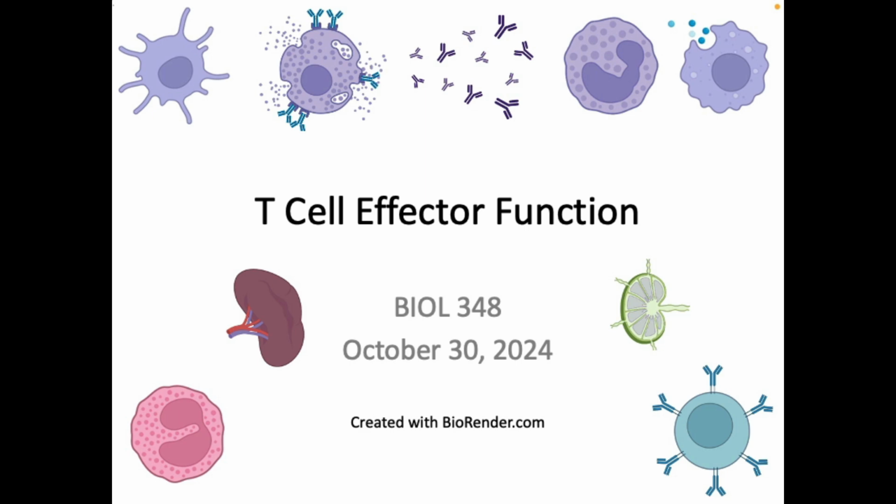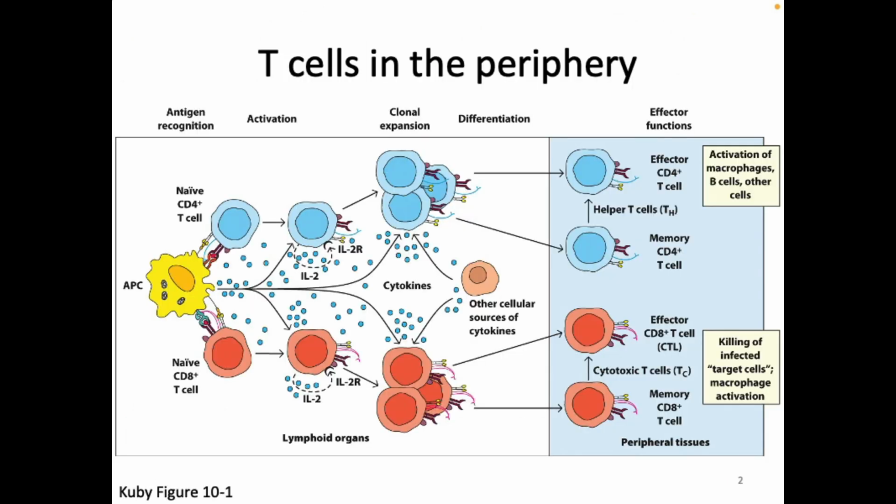And so all of what we're thinking about here is regarding T cells in the periphery. Remember that we have been in the secondary lymphoid organ where our naive T cell is getting activated. It's getting signal 1, getting signal 2. It's getting some cytokines like IL-2 production. It is undergoing some proliferation.